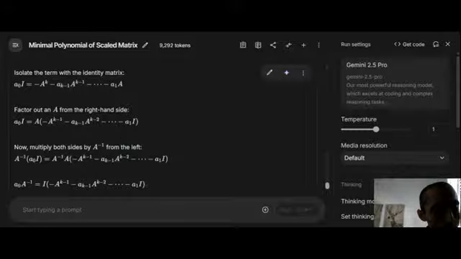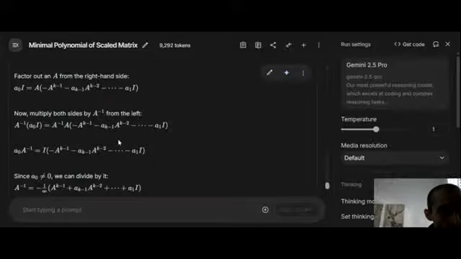So I can take A out and multiply by the inverse from the left on each side of the equation. We'll get to this, right? Now I can just annihilate this A, and we are left with a polynomial of degree k minus 1, which is exactly 1 degree below the degree of the minimal polynomial, which is k in our case.